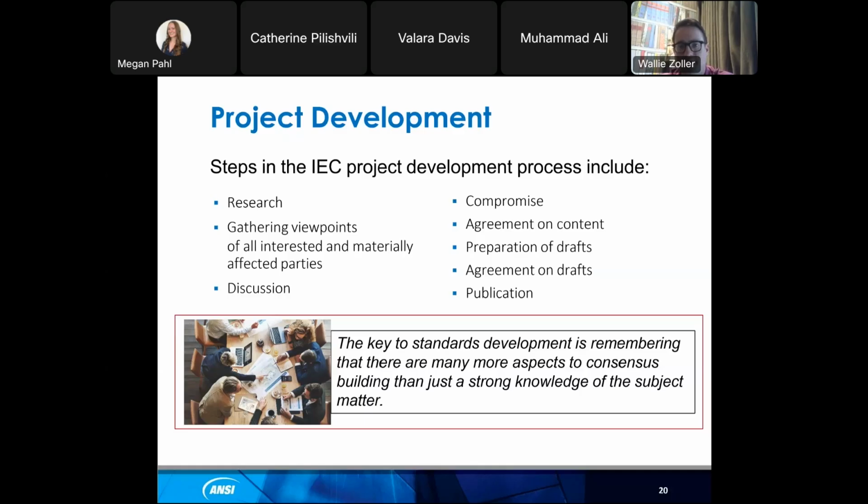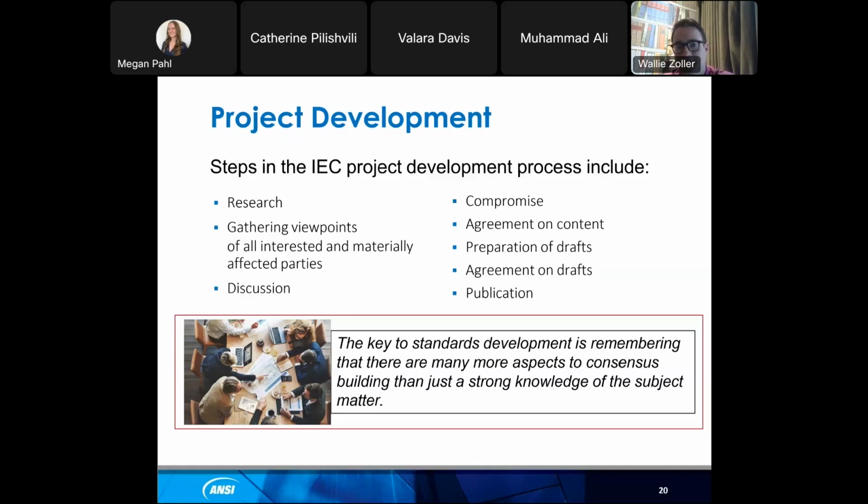Discussion can sometimes be challenging, or in some cases even include disagreement, but those disagreements lead to compromise and ultimate consensus. And the agreement on the content, whether that's editorial or normative, meaning that it actually impacts the substance of the process or the standard, is important for everyone to come to agreement on.